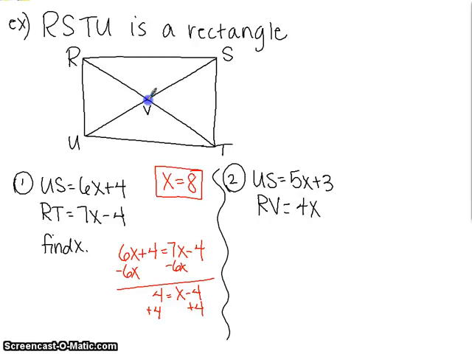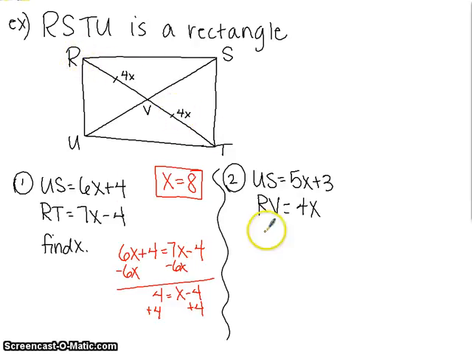Now here's where these properties of parallelograms come into play. We know that the diagonals bisect each other, right? So if RV is 4x, VT would also be 4x. So we can say that US equals this full thing, and instead of 4x, it's actually going to be 8x.